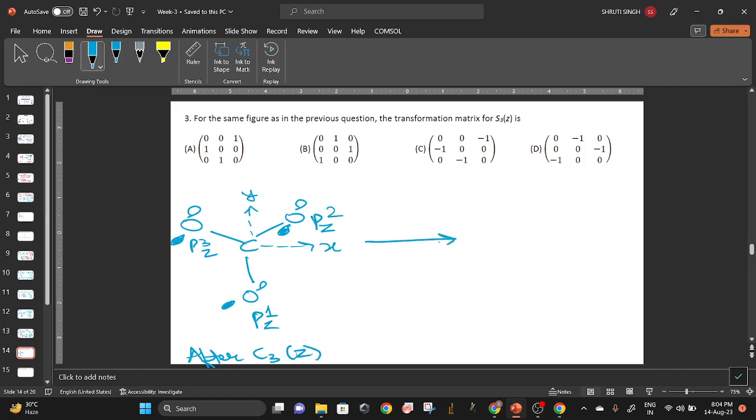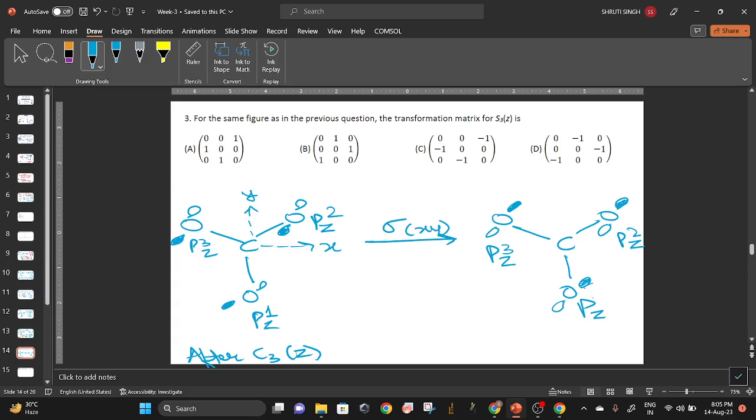Now if we apply sigma xy, these things will remain at their own place and the lobes will get changed. PZ1 will change position, reflection, and PZ2 and PZ3 will remain at the same place.